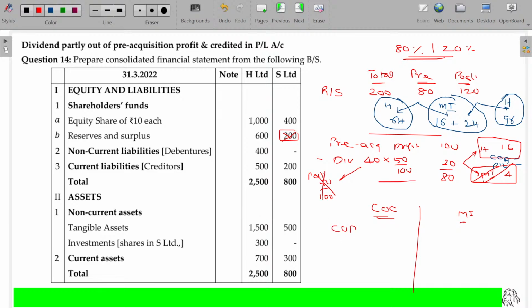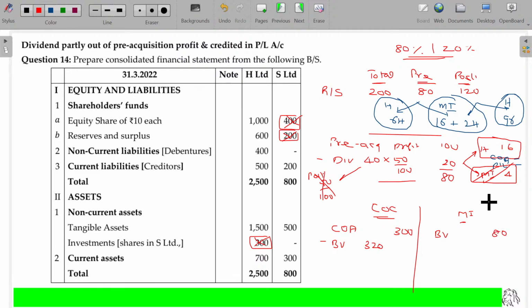Cost of acquisition of the share being 300. What is the net worth? Minus book value of the shares, 400 rupees. Out of that, holding company share being 80%, 320. Minority interest share of equity share capital being 80 rupees.